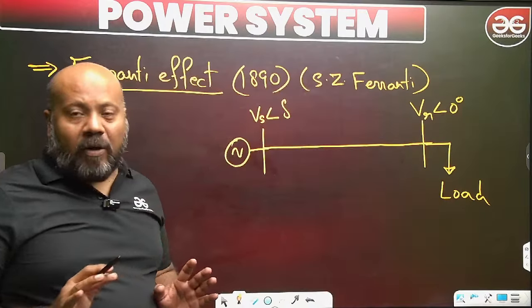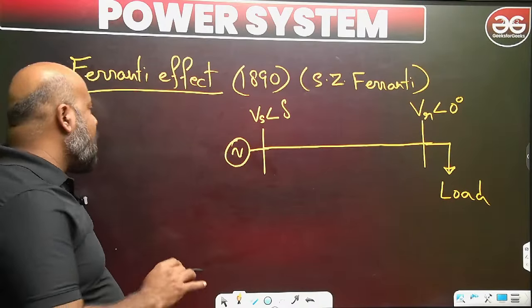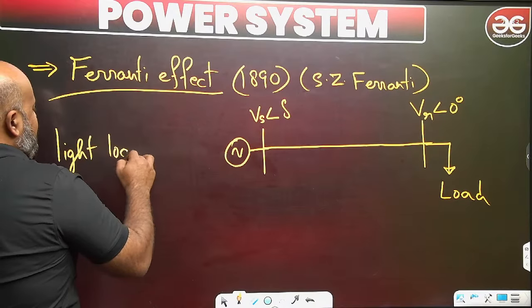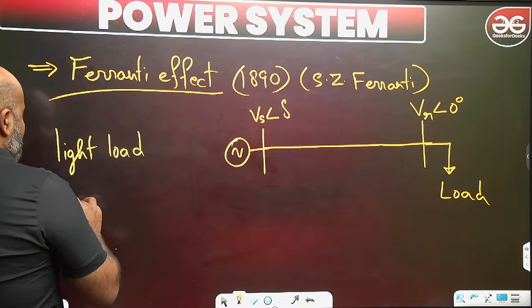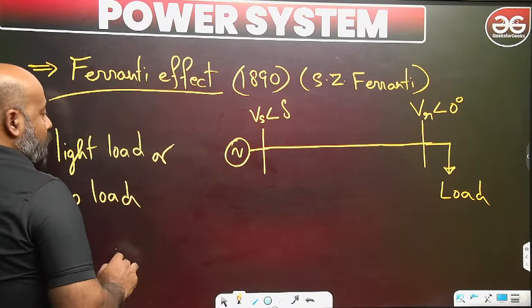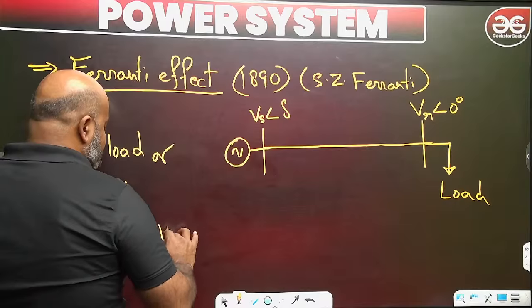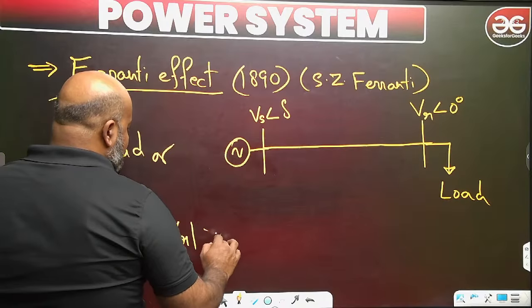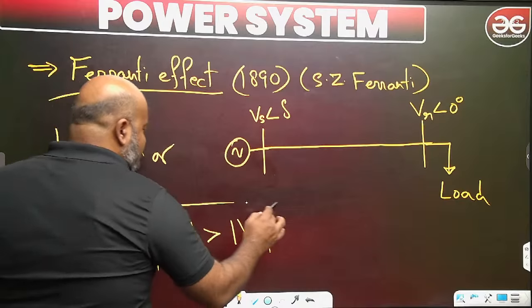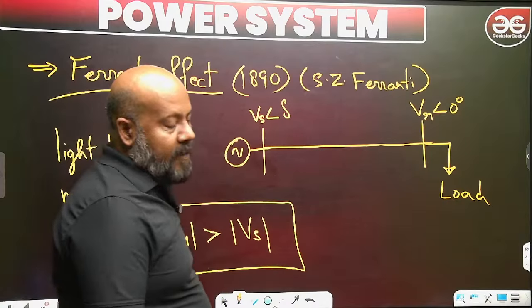He observed that if it is a light load or no load condition, in that case the magnitude of the receiving end voltage is higher than the sending end voltage. This effect he called the Ferranti effect.